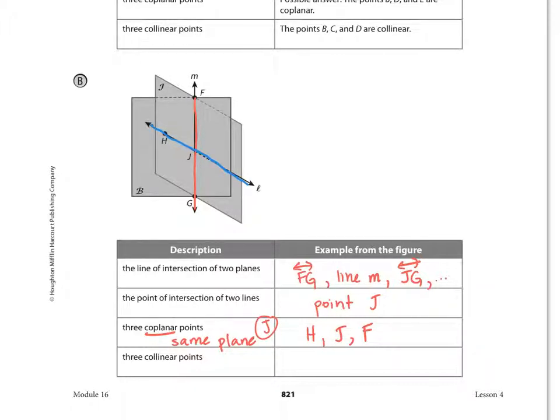And 3 collinear points. This is going to be on line M. Looks like that might be my only line that has at least 3 points. And the points are F, J, G. Collinear means on the same line.